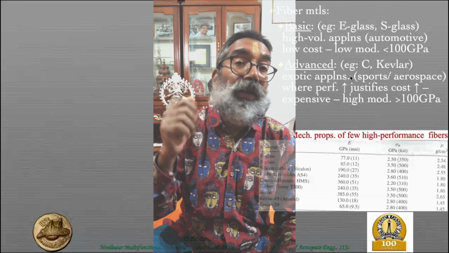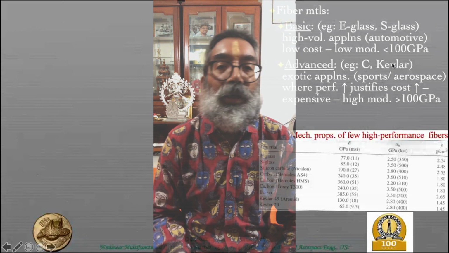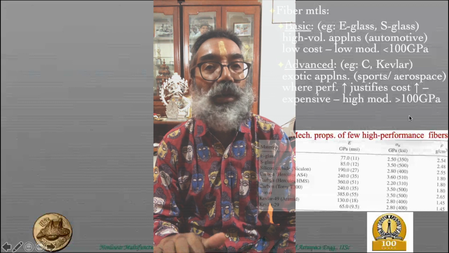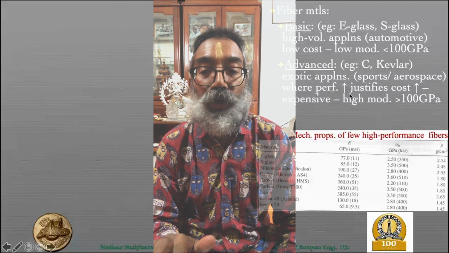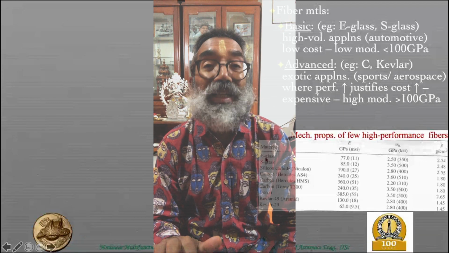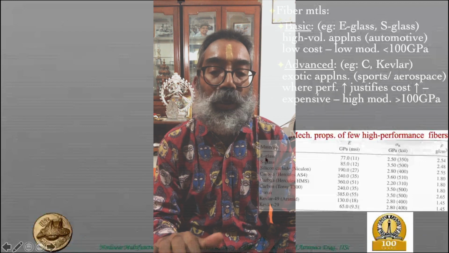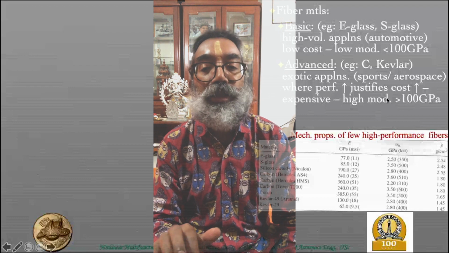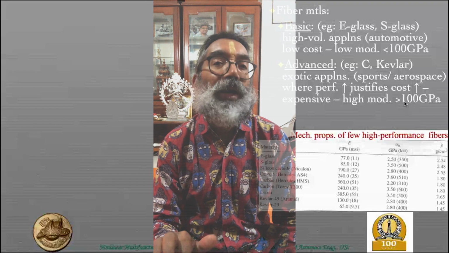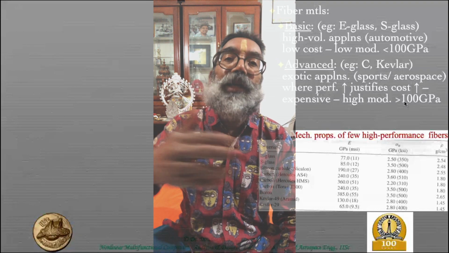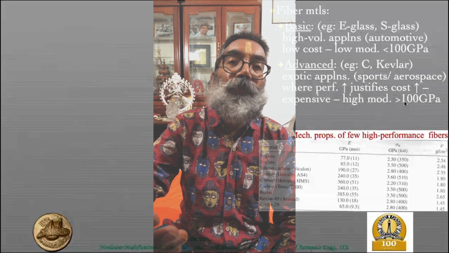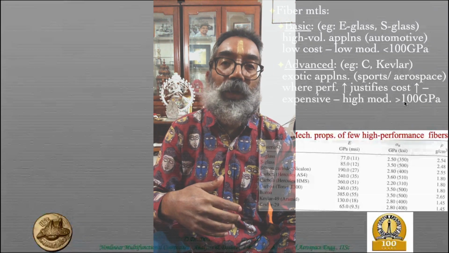So all of these high performance sporting equipment segments can be using many of these high modulus fibers, because the performance increase, even if it's by a smaller amount compared to going from glass to carbon, let us say, even if there is a slight performance increase, we are willing to pay a higher cost, because of the running cost in terms of trying to get back the revenues that are going to come out of it.